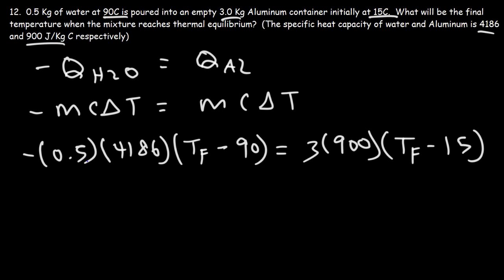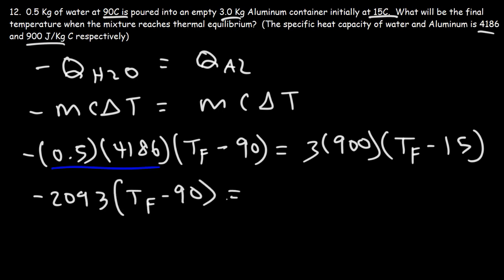So first, let's multiply 0.5 by 4186. And so that's going to be negative 2093. 3 times 9 is 27, so 3 times 900 is 2700. Now let's distribute.